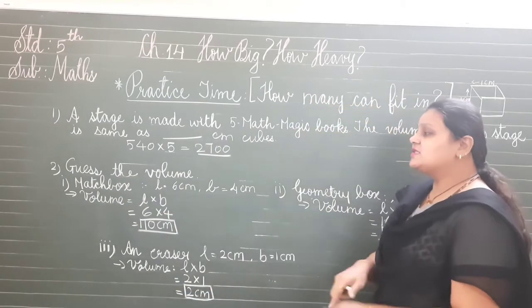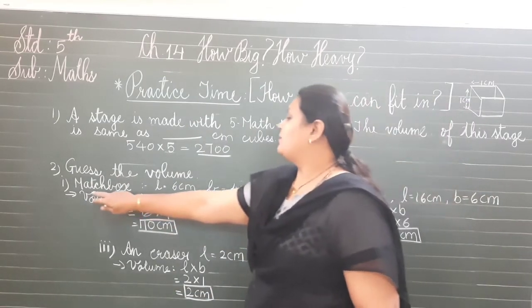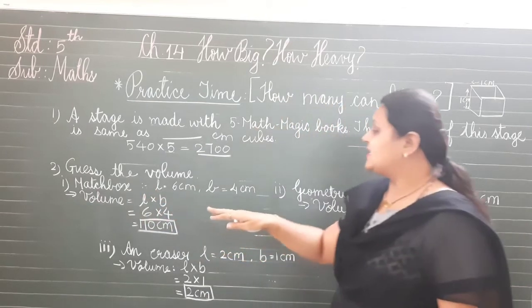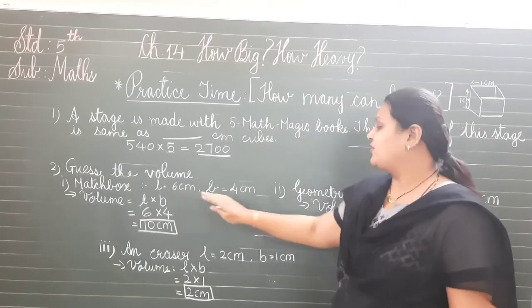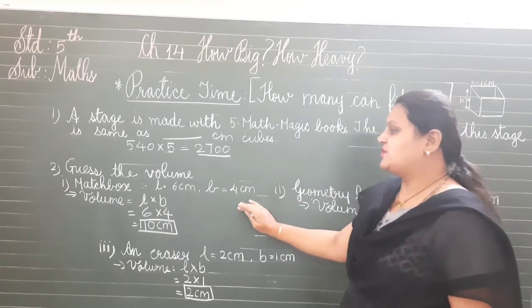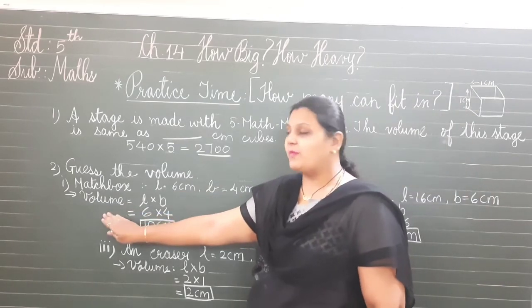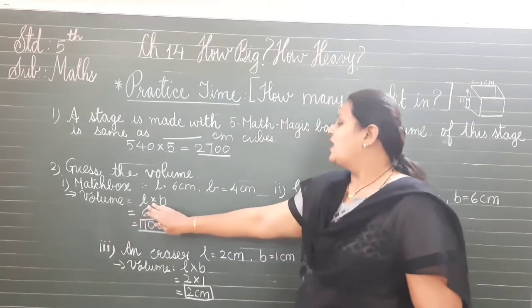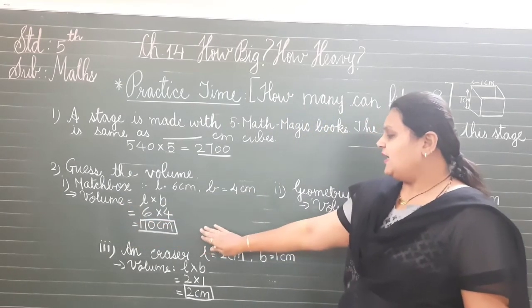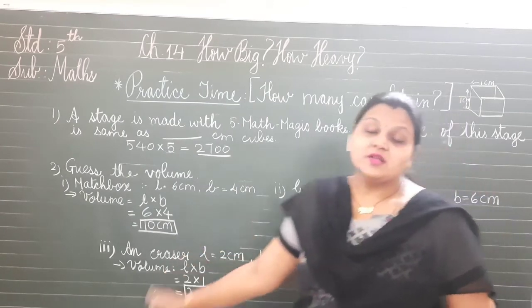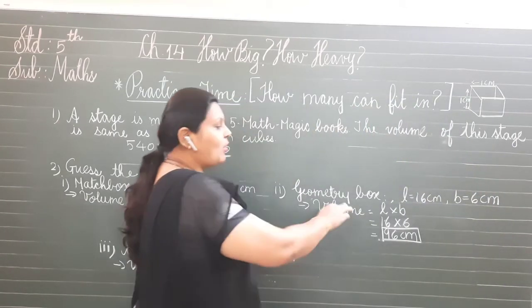Here we have to guess the volume. First, a matchbox. If we look at the matchbox, the length of the matchbox is 6 cm and breadth is 4 cm. So volume of the matchbox can be L into B, 6 into 4, that can be 10 cm. Second, geometry box.